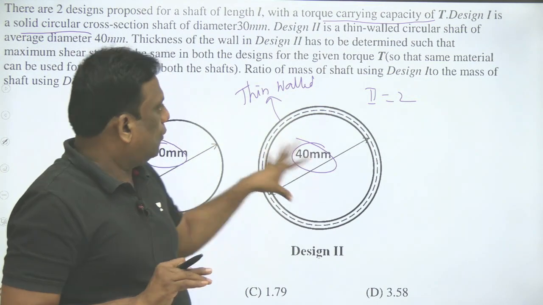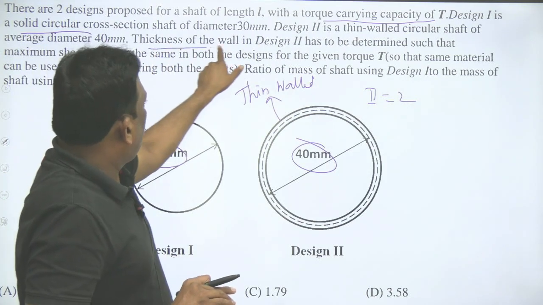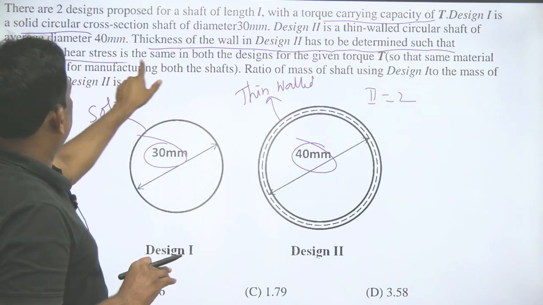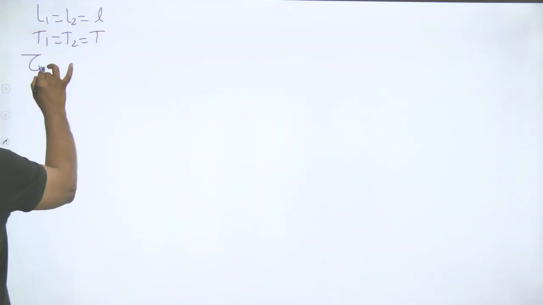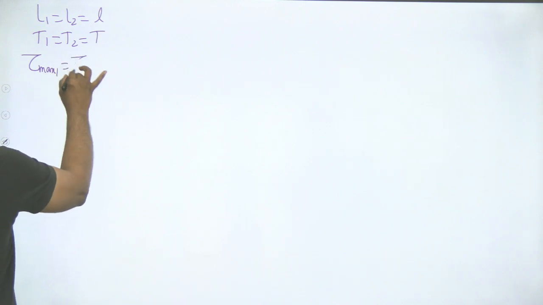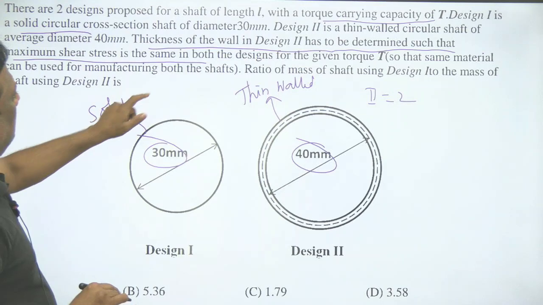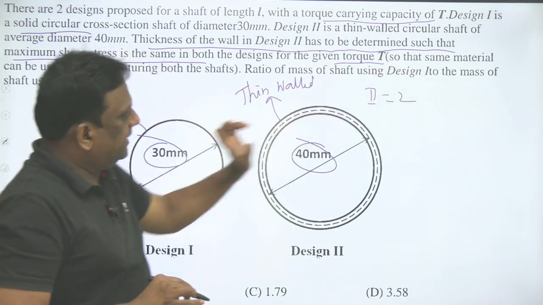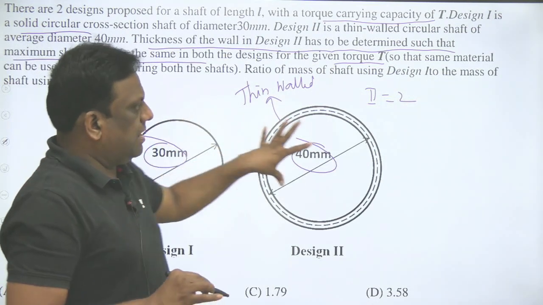The thickness of the wall is to be determined such that the maximum shear stress is the same in both. It means tau max in 1 is equal to tau max in 2. Lengths are the same, torque is also the same, and material is also the same. What is the ratio of the mass of the first shaft to the mass of the second shaft?